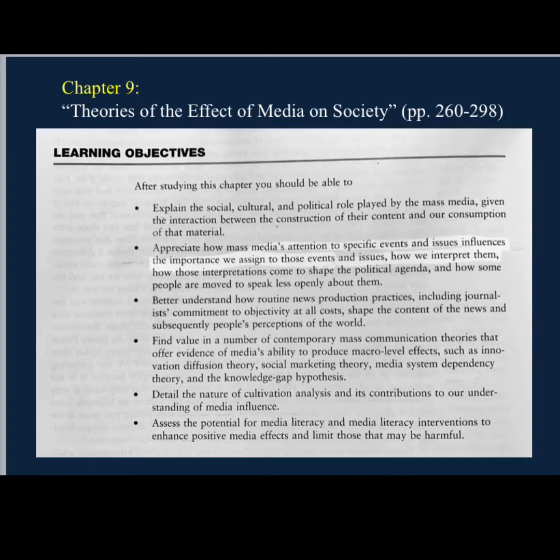Next, detail the nature of cultivation analysis and its contribution to our understanding of media influence. And last, to assess the potential for media literacy interventions to enhance positive media effects and limit those that may be harmful.